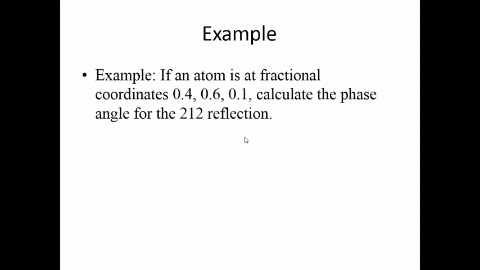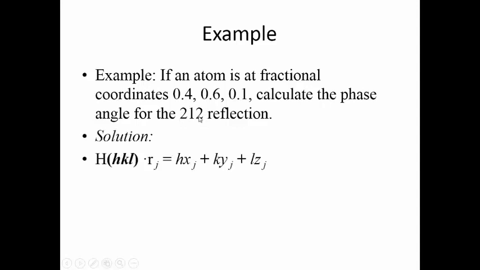Now, those are two unusual cases. In general, in almost all the cases we'll be looking at, the fractional coordinates are something like 0.2, 0.6, 0.1, some specific numbers, and the reflection we're looking at is, say, the 2, 1, 2. So now we just substitute in. Here's our formula.